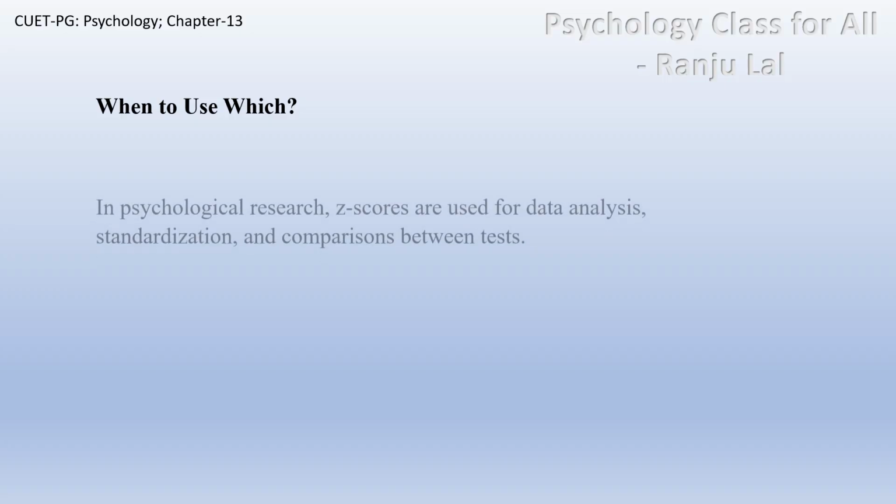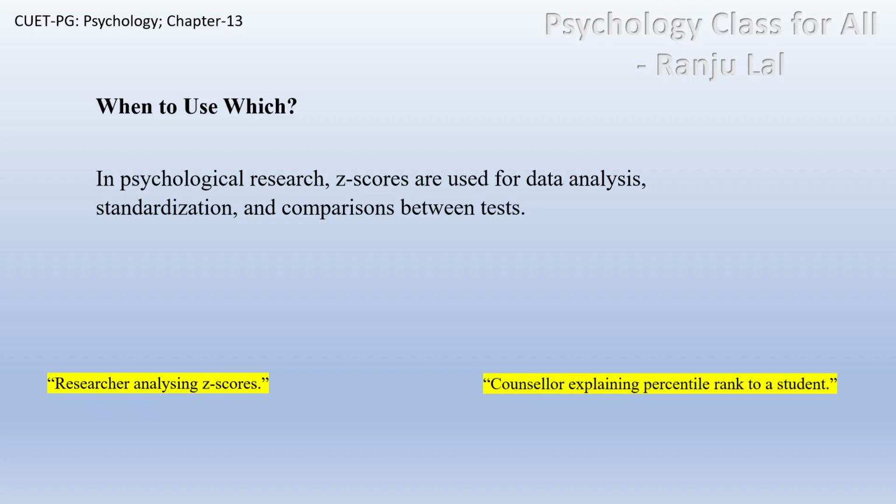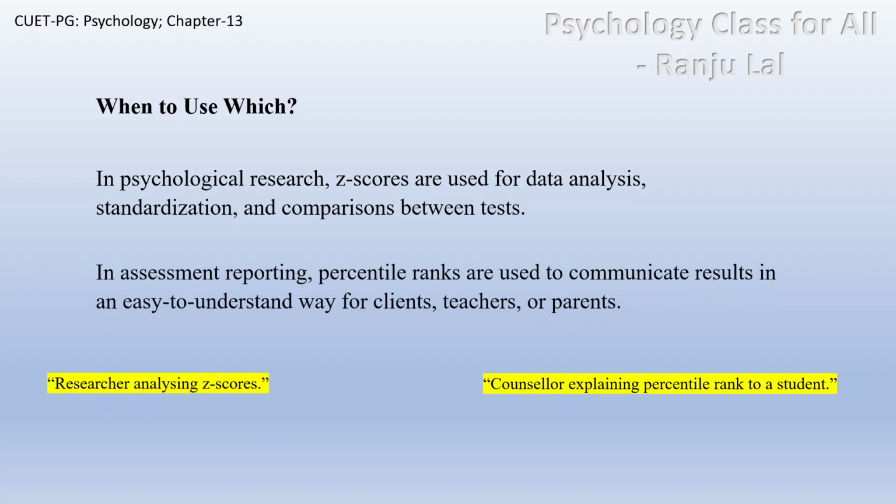In psychological research, Z-scores are used for data interpretation, standardization, and comparisons between tests. In assessment reporting, percentile ranks are used to communicate results in an easy to understand way for clients, teachers, and parents.